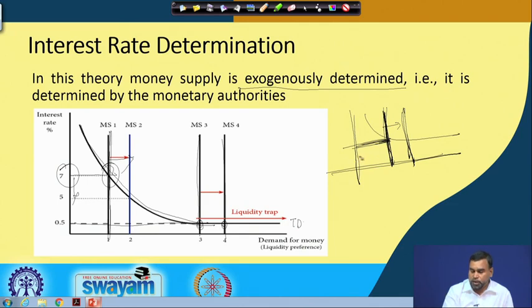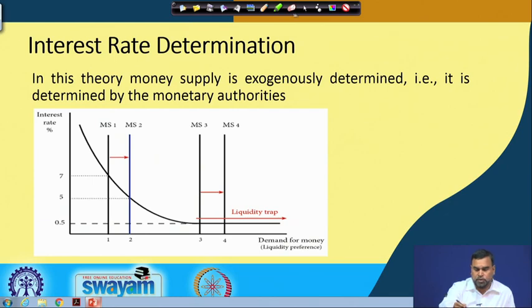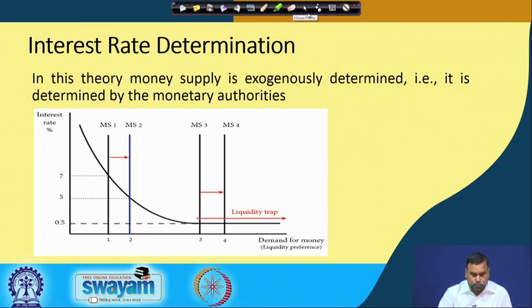If money supply increases, the interest rate will decline. If money supply declines, then the interest rate will go up. This is the way the interest rate is determined according to the Keynesian framework.